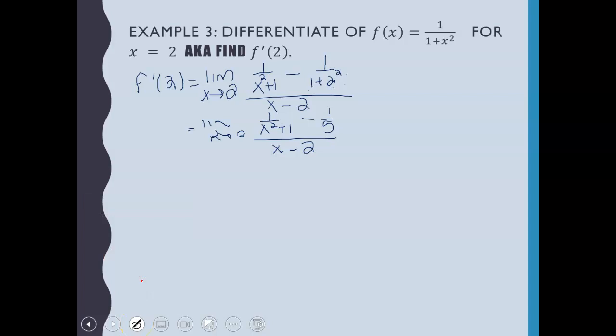So this piece gets multiplied by 5 over 5. This piece gets multiplied by x squared plus 1 over x squared plus 1. You only have to multiply the numerators. For whatever reason, we were trying on our test to do it to the denominators as well.